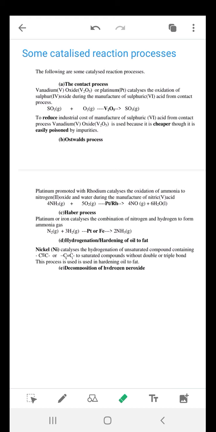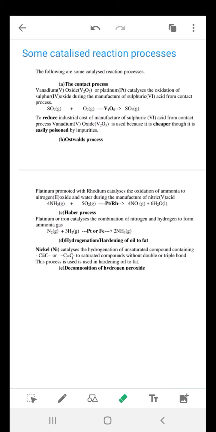So meaning we are increasing the surface area. You remember what we said yesterday, the impact of increasing the surface area on the rate of reaction. So we are using this platinum rhodium that is in powder form for us to do what?